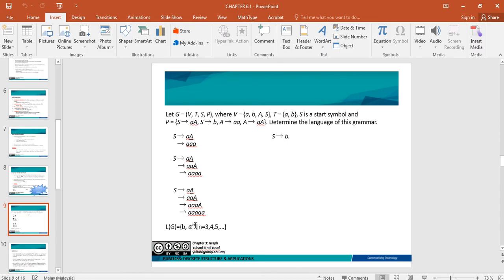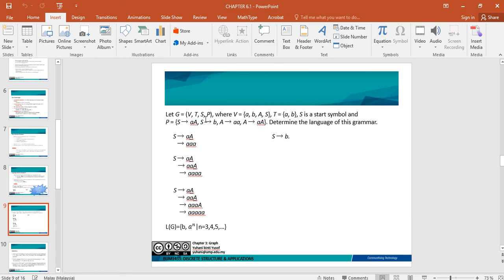This power is not really a power, but refers to how many a's are repeated. For example, here if you put 3, it means a is repeated 3 times. So the language generated by this grammar is no longer {b, aaa}, but the final answer should be {b, a^n}, where n starts from 3, 4, 5 until n, because this one is infinite.